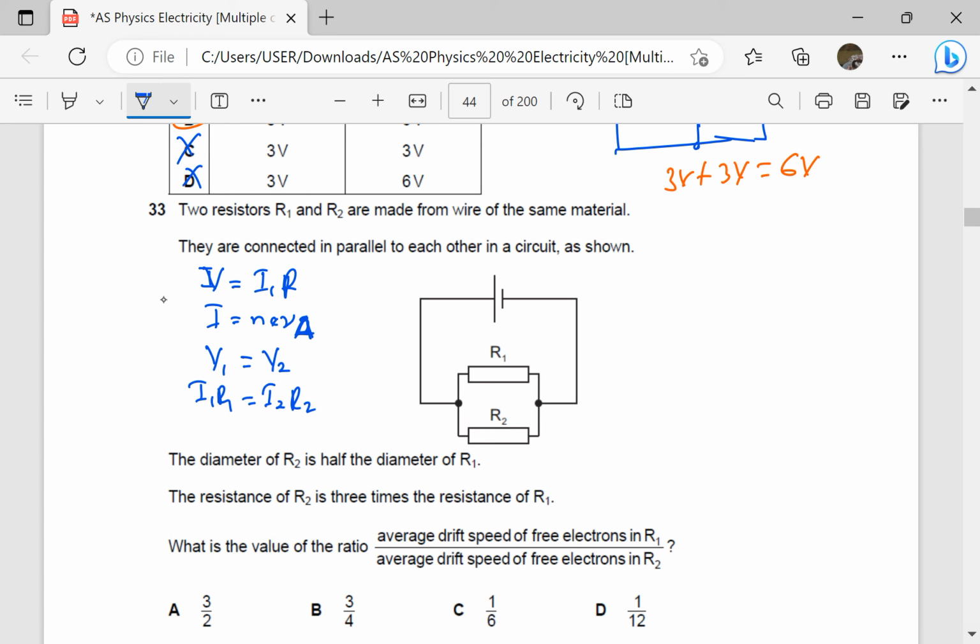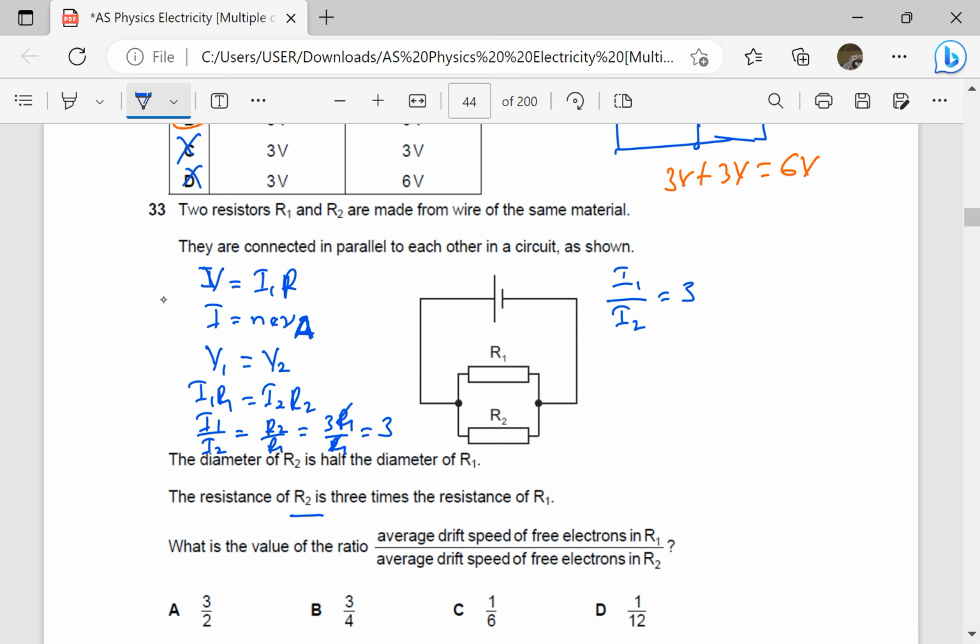So this implies that I1 divided by I2 is going to be the same as R2 divided by R1. But remember, R2 is 3 times R1, so this is 3 times R1 over R1, which gives us 3. So precisely I1 over I2 is equal to 3, because R1 cancels out.